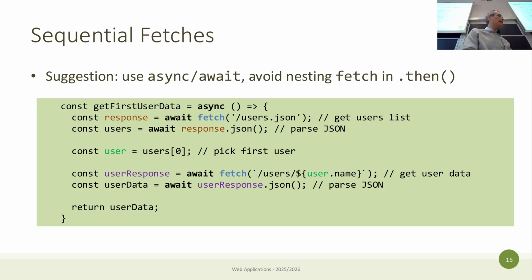It's like I read the list of all students enrolled in the course, so first action, get the list, and then I'm interested in one student, click on the student, and I issue a second fetch. And I want the first fetch to be completely processed, with all the data from the server, before issuing the second fetch.